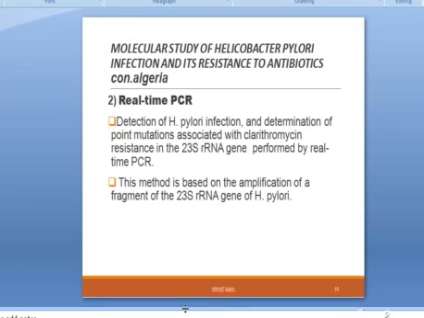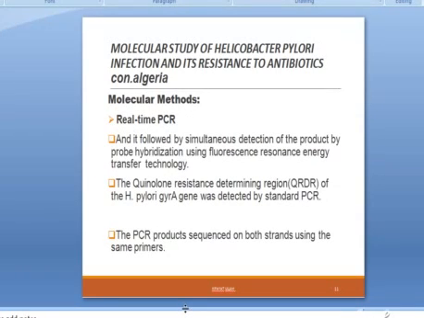This method is based on the amplification of a fragment of the 23S rRNA gene of H. pylori, followed by simultaneous detection of the product by probe hybridization using fluorescence resonance energy transfer technology. The quinolone resistance-determining region of the H. pylori gyrA gene was detected by standard PCR. The PCR product was sequenced on both strands using the same primers.